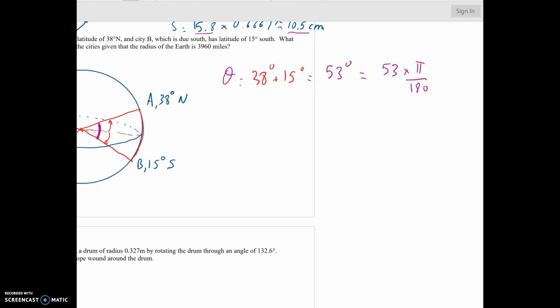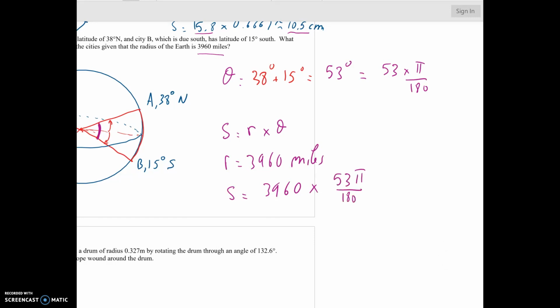What I'm going to do is, when I calculate S, which is R multiplied by theta, when R equals 3,960 miles, I end up with S equal to 3,960 multiplied by 53 pi divided by 180.